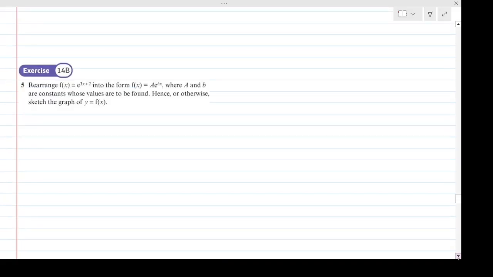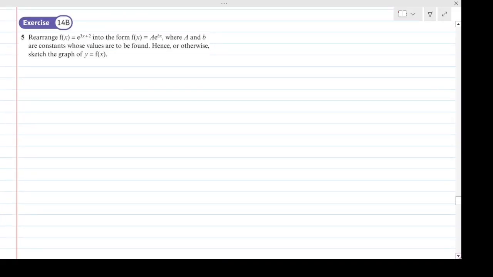Okay, let's have a look at some exercises. We need to rearrange f of x equals e to the 3x add 2 into this form here. What I notice is it's a multiple of lots of e. A very common technique here is to recognise we can split up the powers in this way.